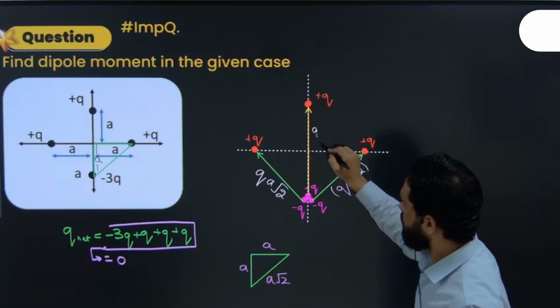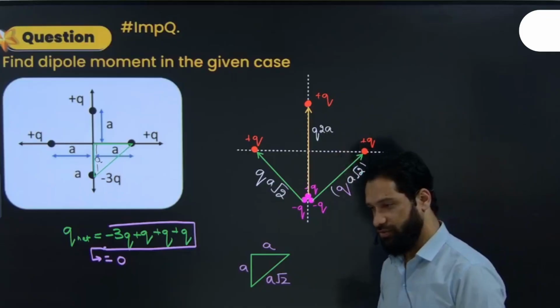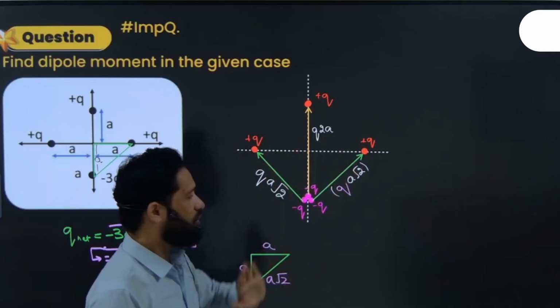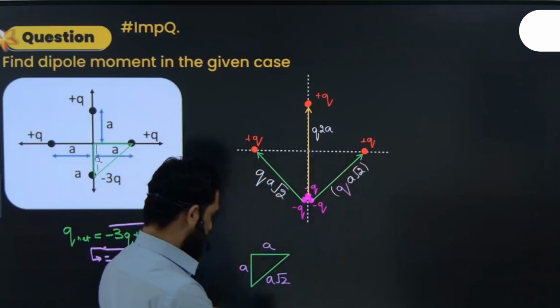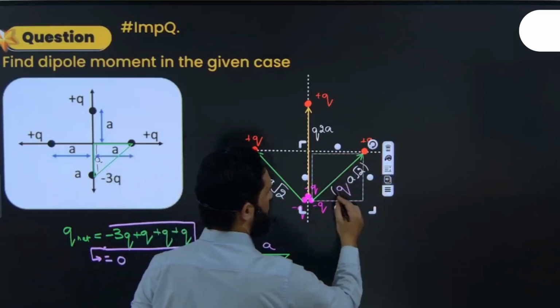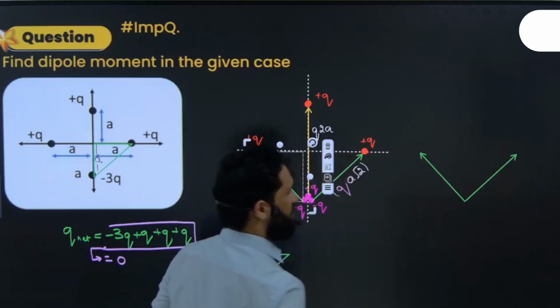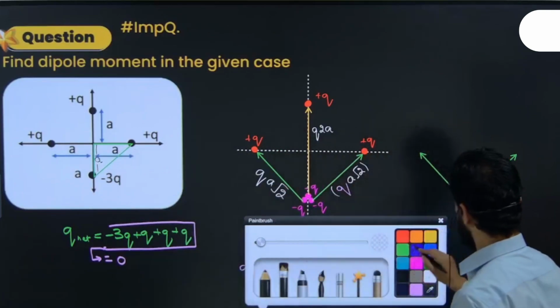So we can write q into 2a. So you actually have to perform the sum of 3 vectors: qa root 2, qa root 2, and q into 2a. Now remember, these two, qa root 2 and qa root 2, denoted here by green color, if you see, are at what angle, so that we can find out the sum of the two.